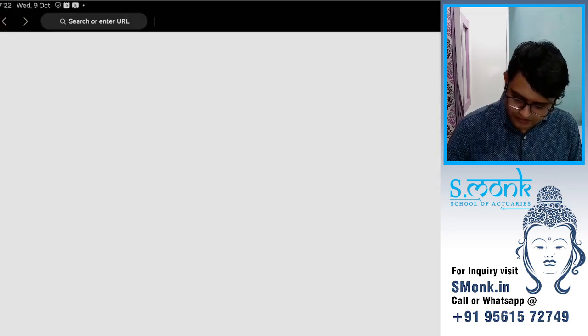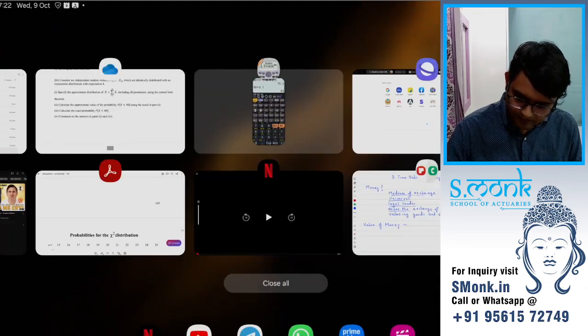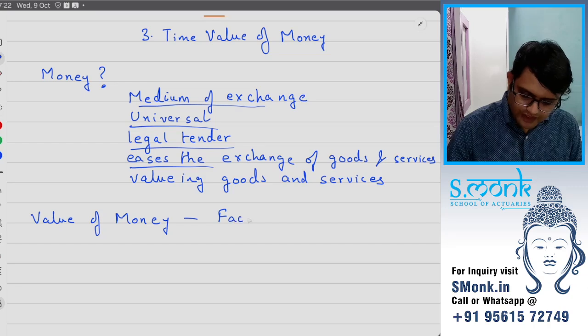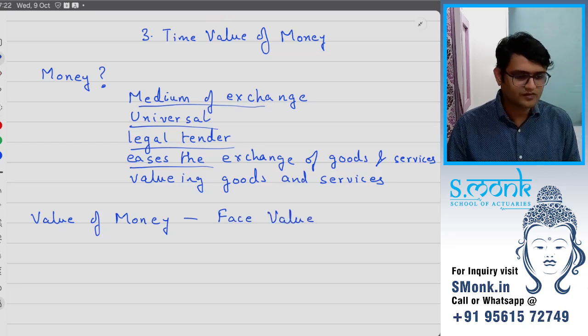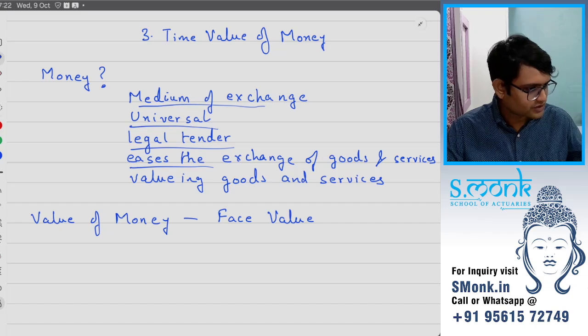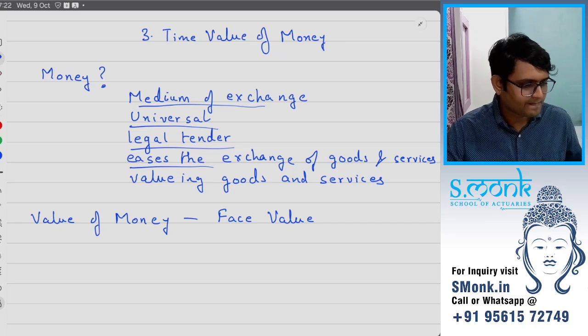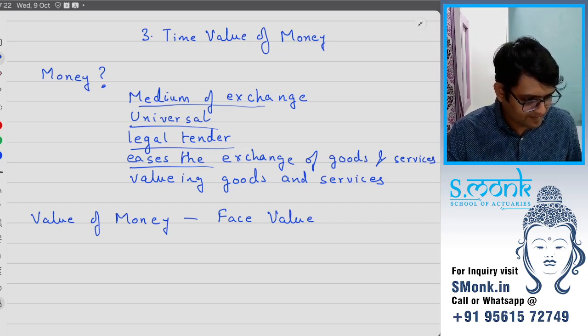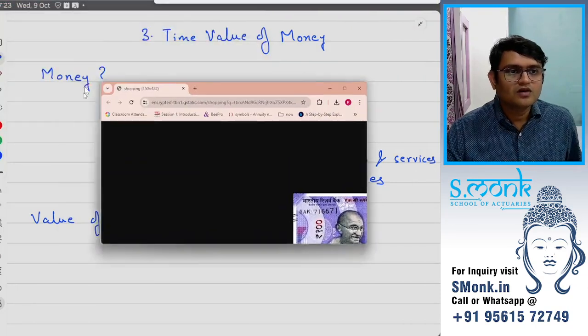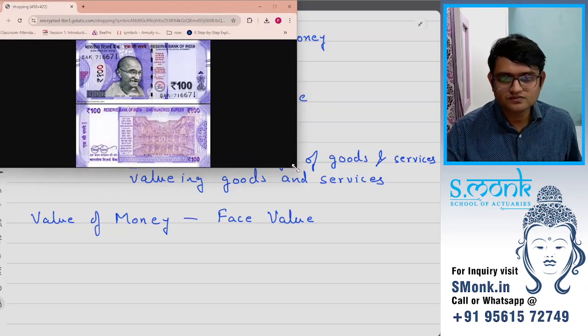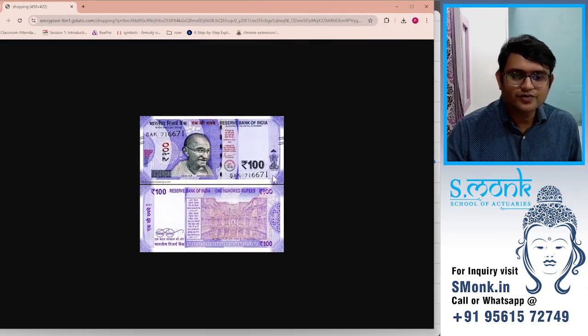There is something called face value. The value written on the face of the currency would be the face value. So let's say this is a 100 rupee note.